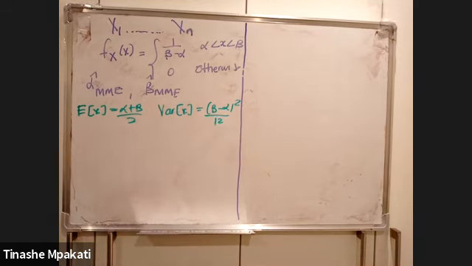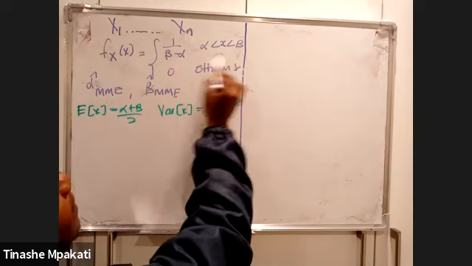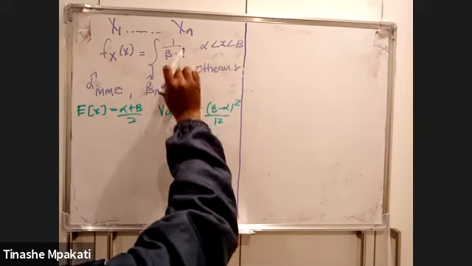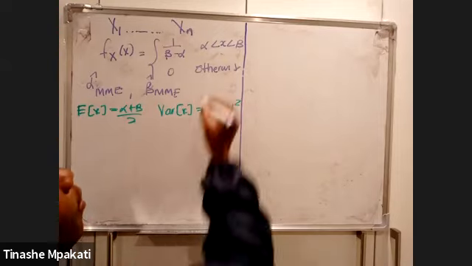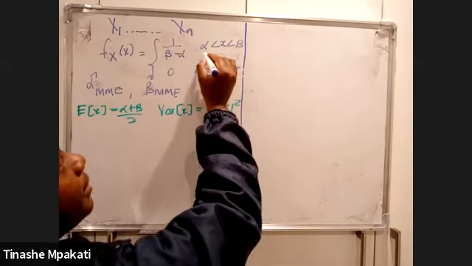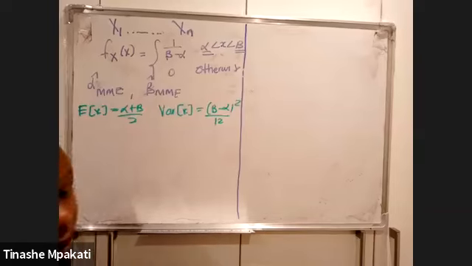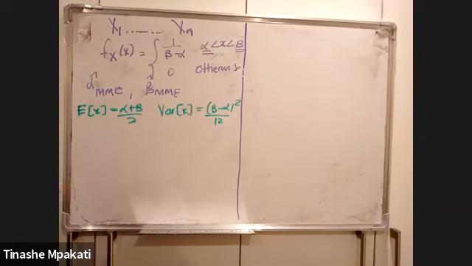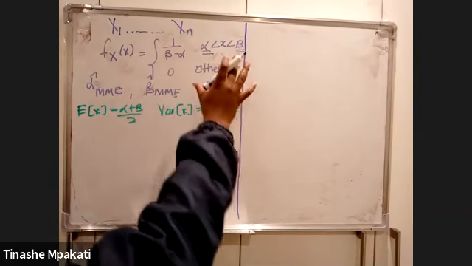Again, this is actually a favor, because in some questions they will not even tell you this, but I would rather want you to quickly recognize from this that this is a PDF of a uniform distribution, right? Where your x is uniformly distributed between alpha and beta, like that.